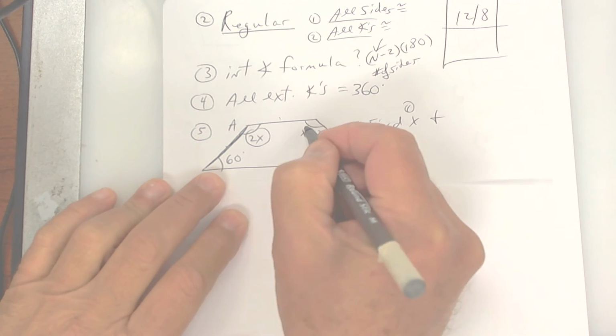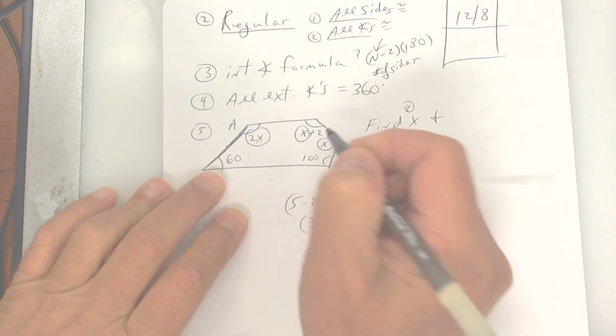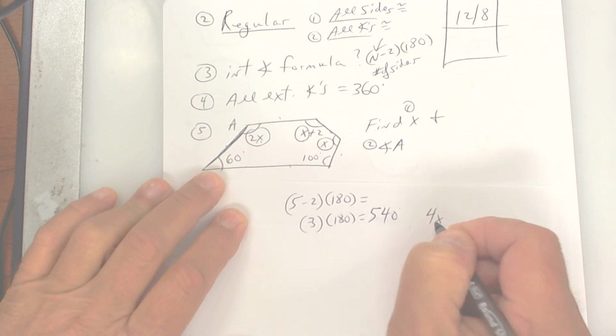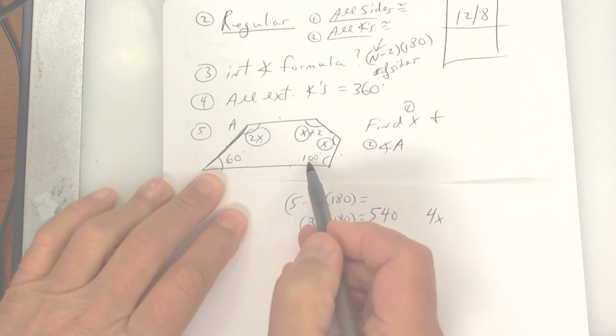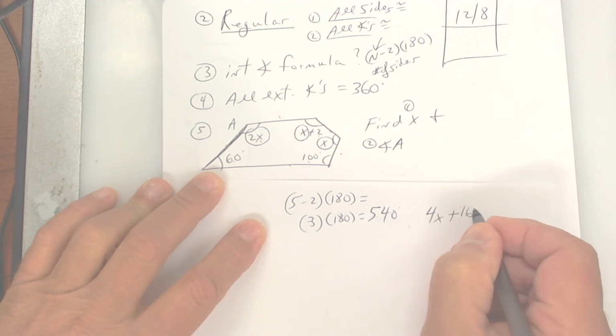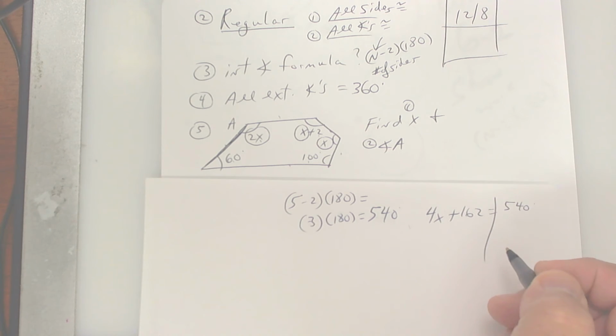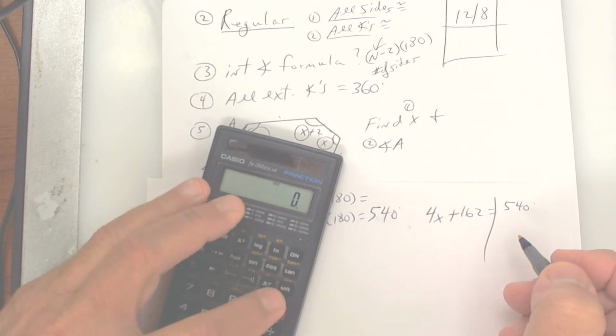So I'll do my x's first. 2x and x is 3 plus 1 more makes 4x. So I get 4x. And then this is 160 plus 2 is 162. Equals 540 degrees. And again, I want to see the formulas for you to get credit on your homework.